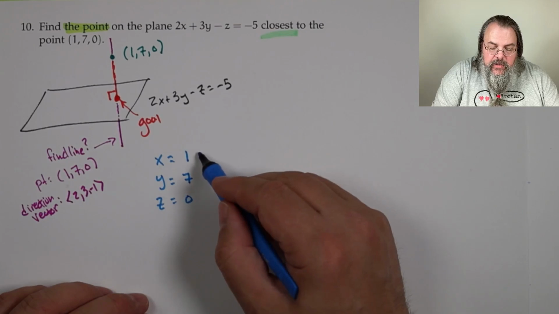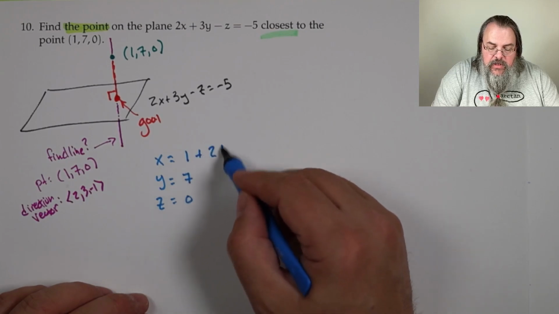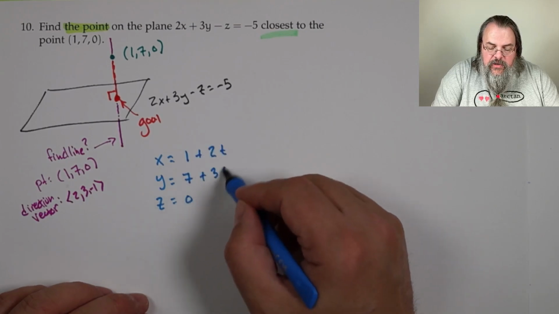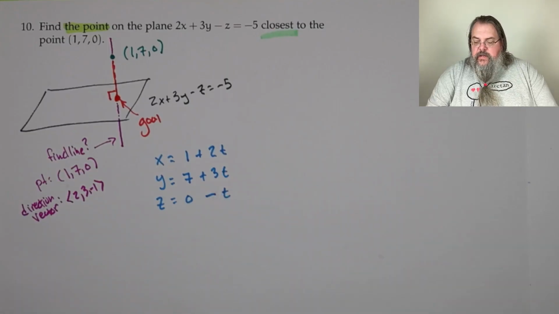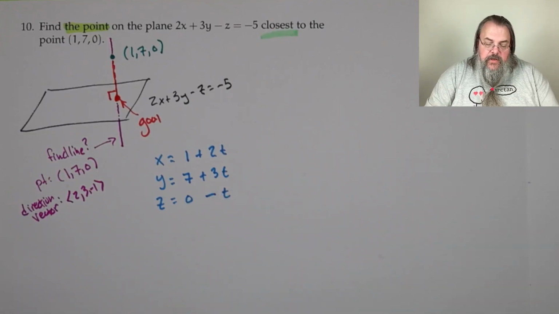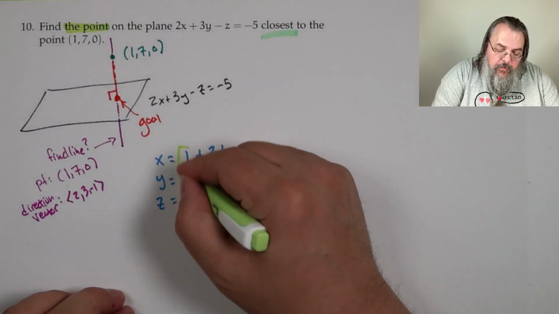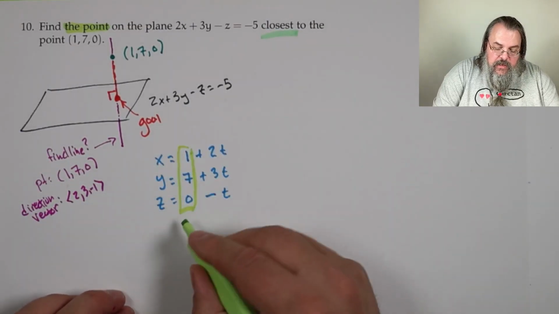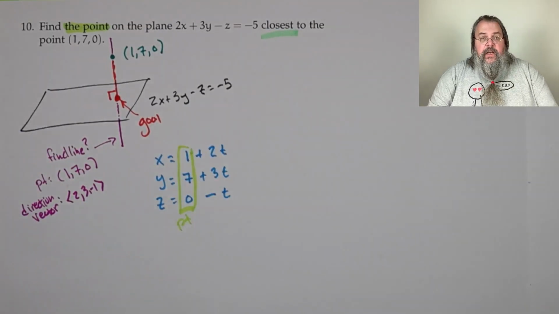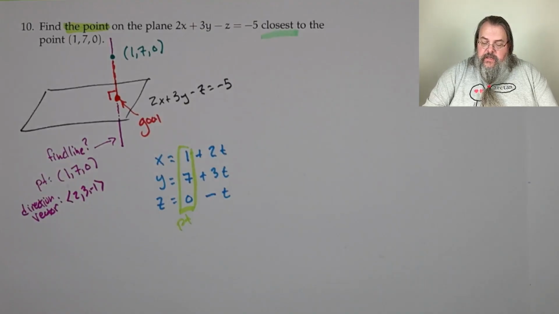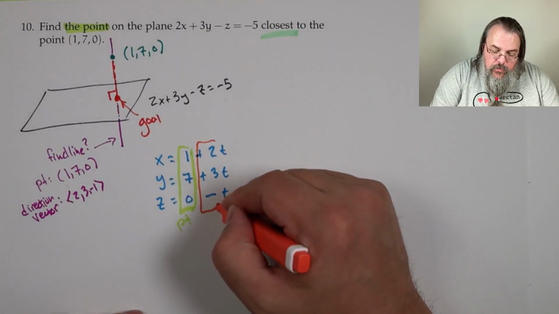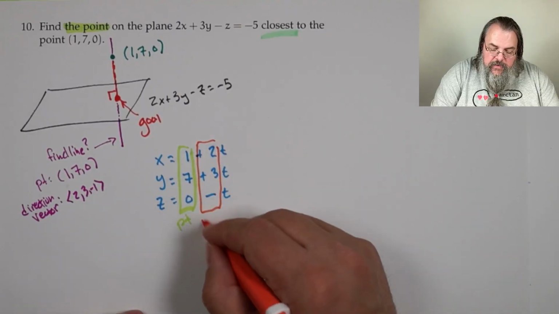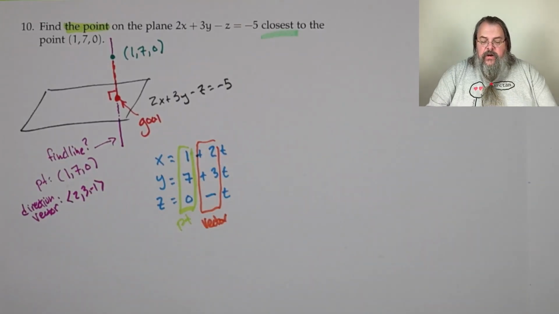And then we add to that our 2t, our 3t, and our minus t. And hopefully, this should look familiar. This first part, 1, 7, 0, that's our point. And then our second part, that 2, 3, minus 1, this is our vector.